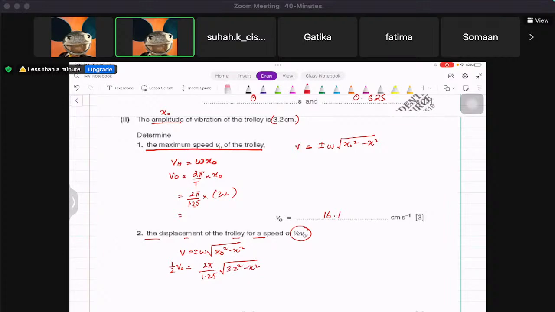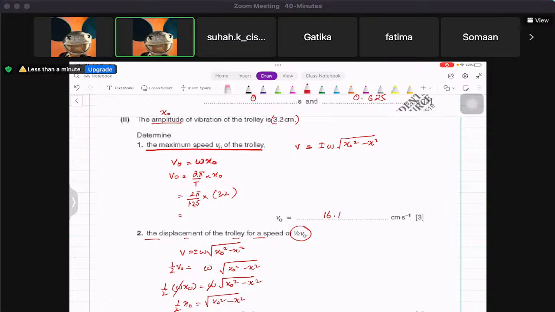Interesting. Okay, never mind, I got an idea. Instead of V naught, we can write the equation V naught equals omega x naught, and omega times the root of x naught squared minus x squared. Omega cancels out with omega, and now I got something like this. To do this, I can square it up.